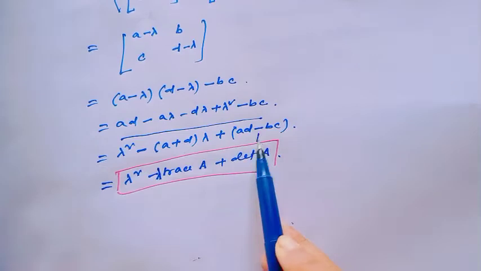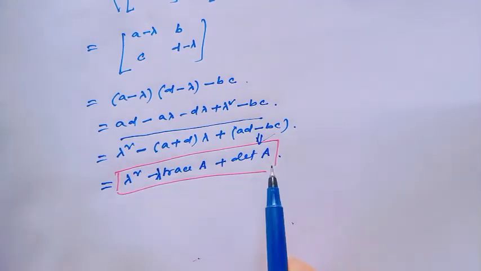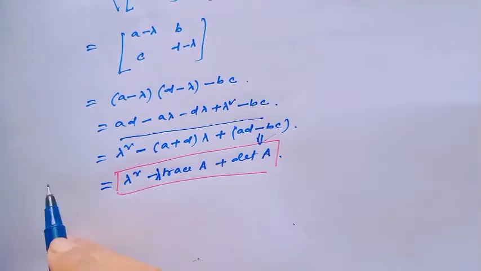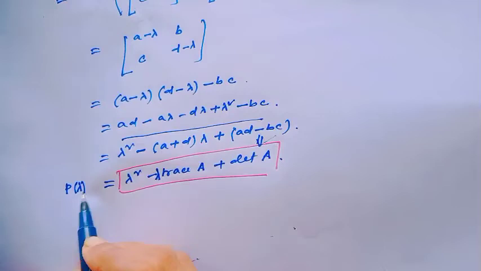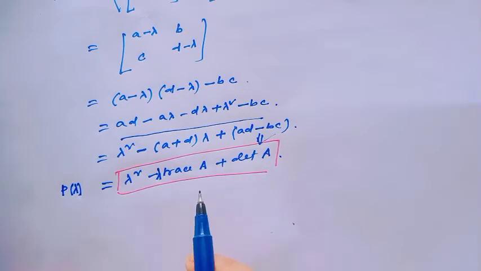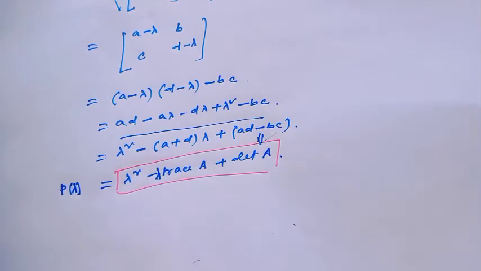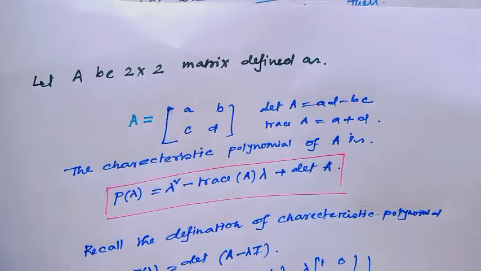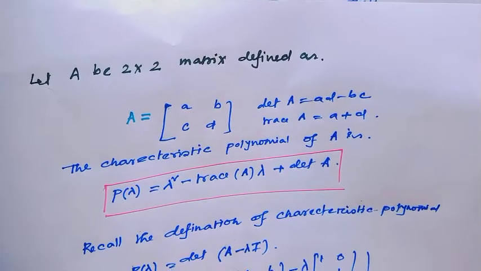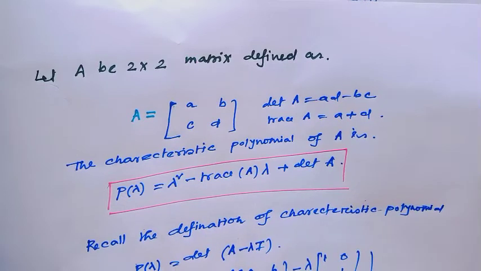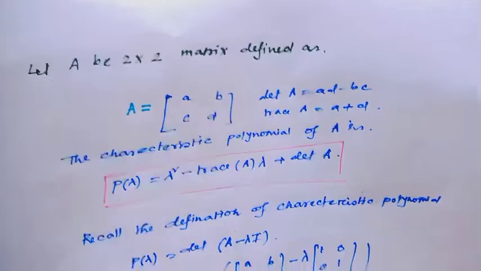So this is actually determinant of A. That means characteristic polynomial P lambda equal to lambda square minus lambda times trace of A plus determinant of A. And this is the characteristic polynomial of a 2 cross 2 matrix. Are you getting how we have to find the characteristic polynomial?